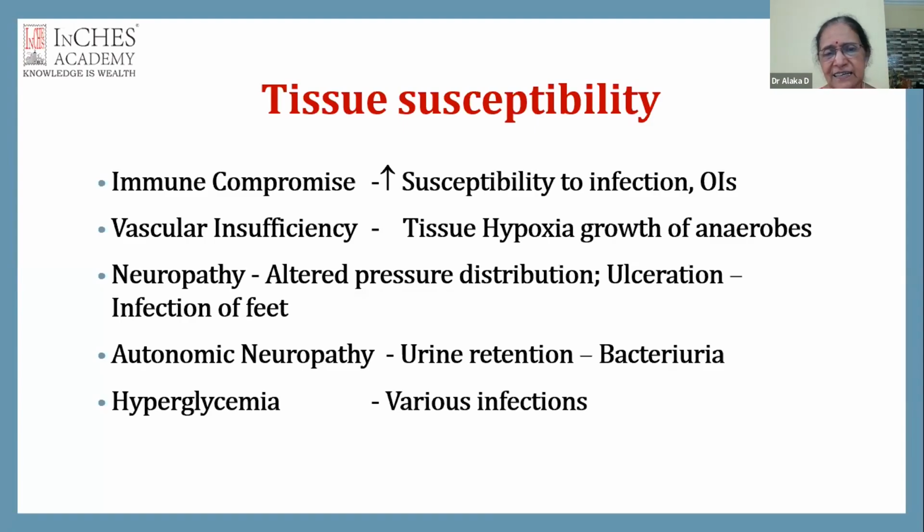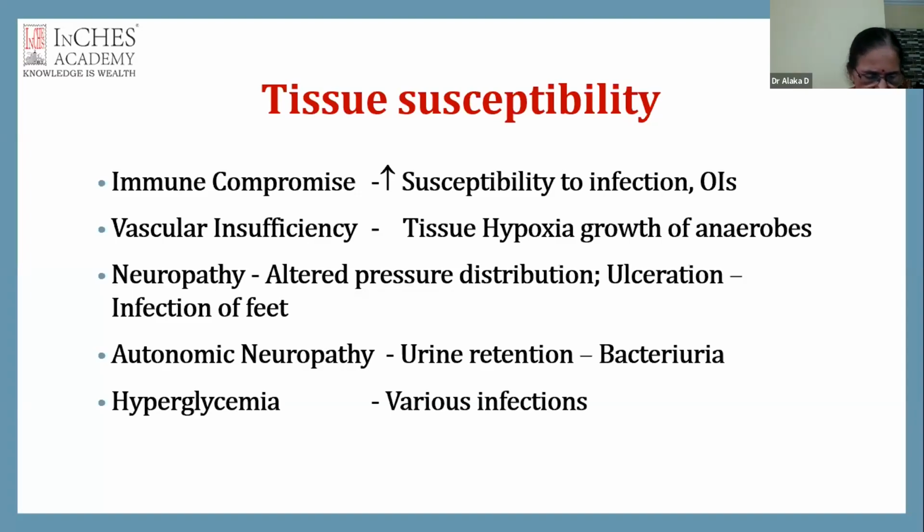In your skin there is blood, and therefore that blood on which the bacteria or microbes can thrive makes diabetics prone to develop infection. Now let us talk more scientifically about why there is a tissue susceptibility to get infected. It is because of the immune compromise, which increases the susceptibility to infection and opportunistic infections.